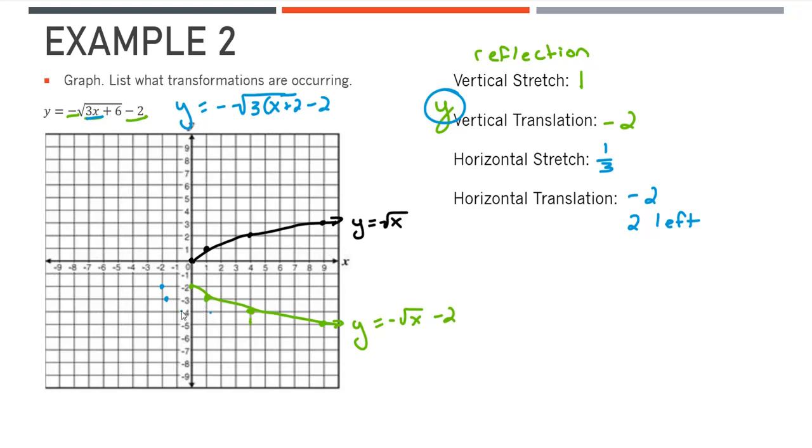And finally, 9 divided by 3 is 3, and then shift left 2. So there's our graph. It's going to look something like that. And then we're going to get y equals negative square root 3x plus 2 minus 2.